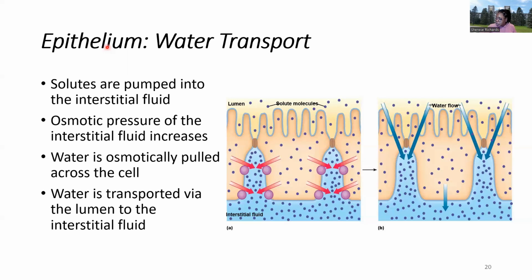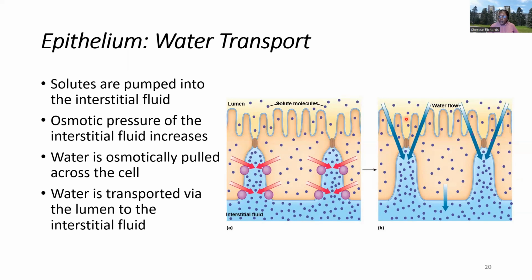So because the body knows this, and because this is an efficient way to create water movement, it can just pump solutes in different directions, right? If I have pumps on the membrane here, pumping solutes out, so solutes are moving from the inside of the cell into the interstitial fluid here, which is the fluid around our tissues, guess what? Now we have a higher solute gradient on the interstitial fluid area and a lower solute gradient out here in the lumen.